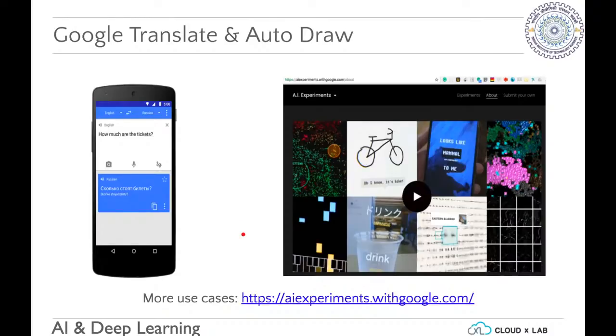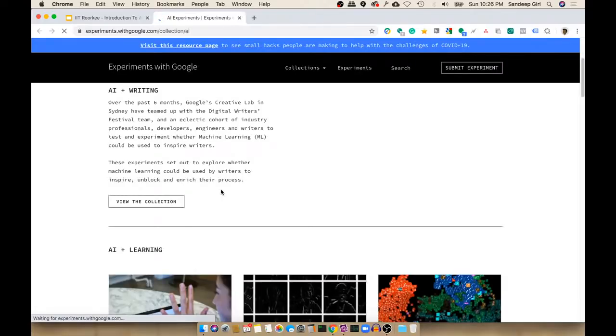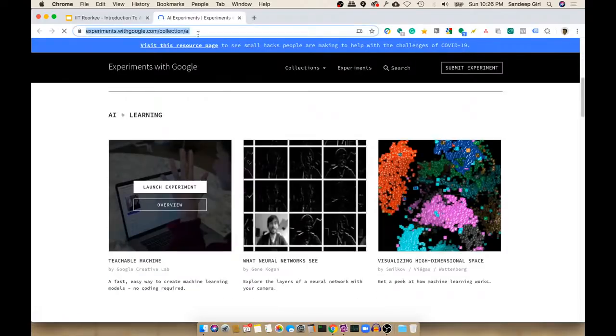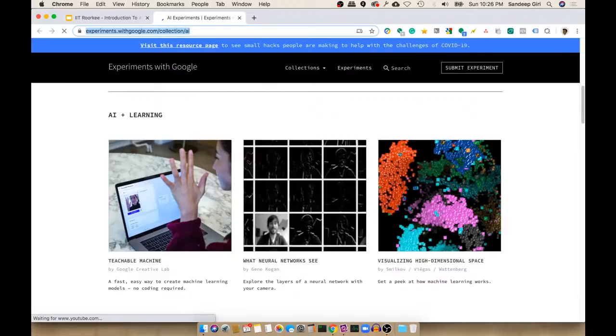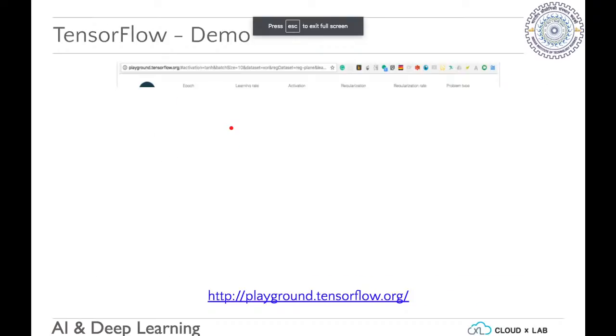Similarly, you can take a look at here. There are lots of collections of examples, and you might want to play around with lots of very wonderful things. Okay, now coming back to it.